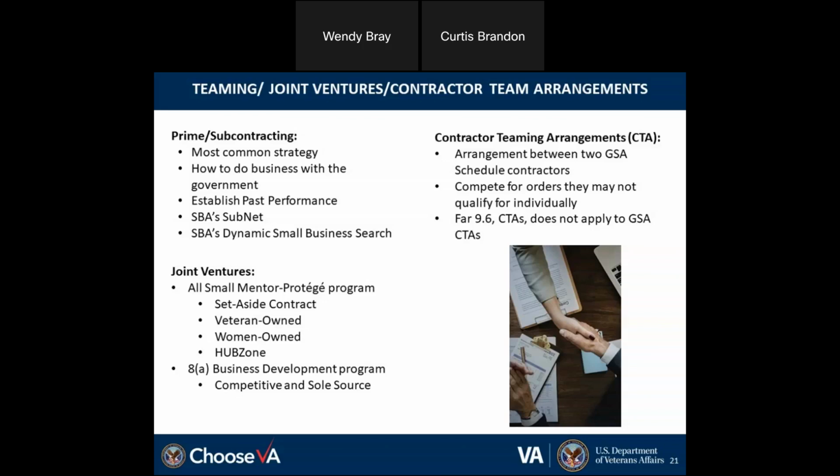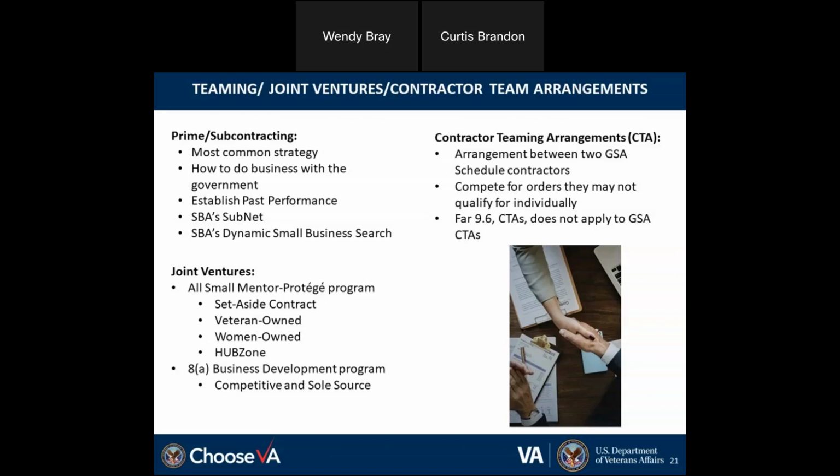Now, contractor teaming agreements, CTAs, are formal agreements that are provided by the General Services Administration. By forming a contractor teaming agreement, the General Services Administration scheduled contractors can compete for schedule orders for which they would otherwise qualify, take advantage of streamlined acquisition procedures, increase their market share and become more competitive, reduce risk by sharing responsibilities with other team members, and focus on the products and services that best match their business resources and strengths.